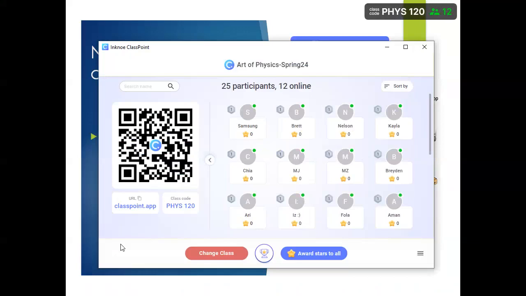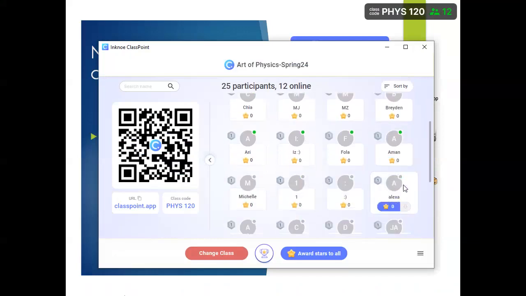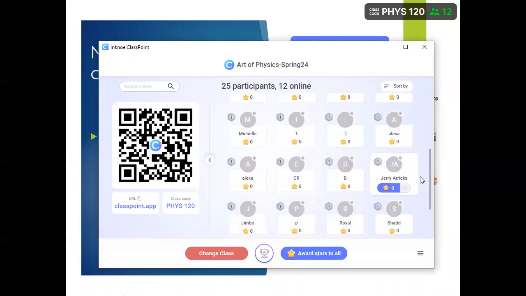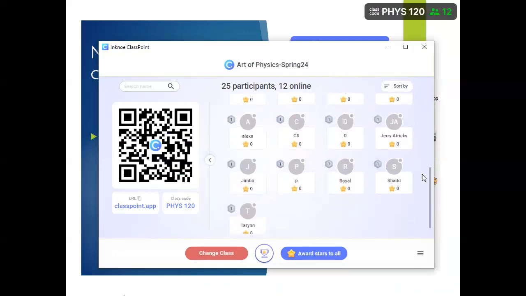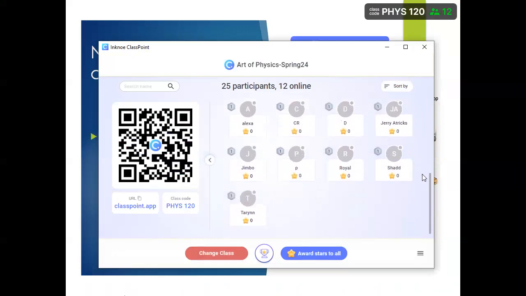Okay, so I can scroll down. If you forgot your username, you can just check. How many do we have? 2, 5, 9, 12, 15. So we should have 2 more. What was the code again? The code was PHYS 120.